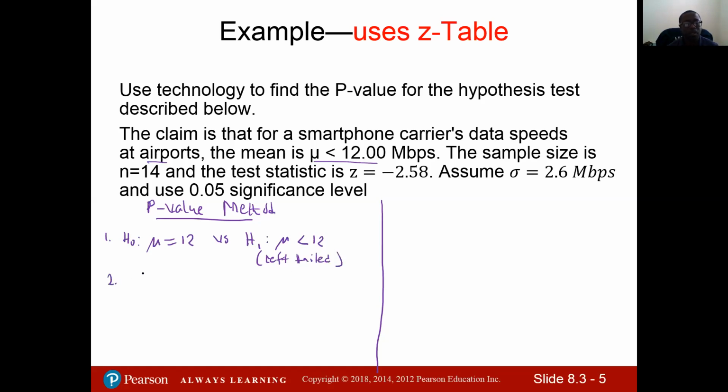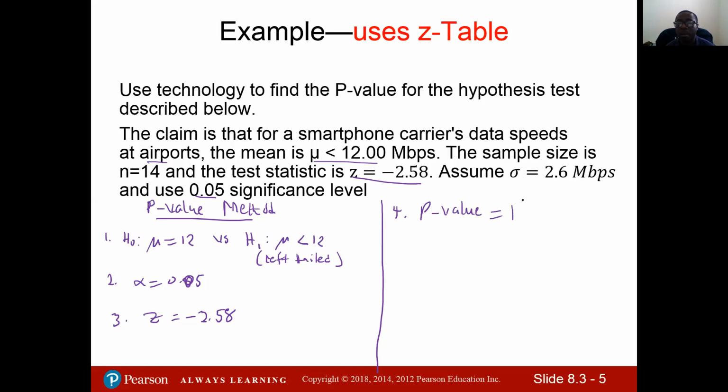Step two, what's my alpha? According to the question, the alpha is 0.05. And the test statistic is given here, which is z is equal to negative 2.58. Step four is to calculate the p-value.